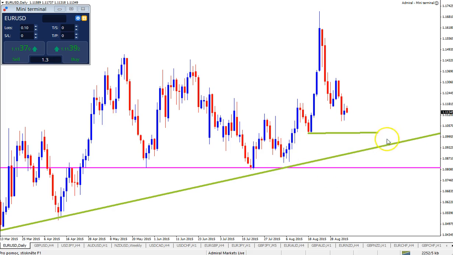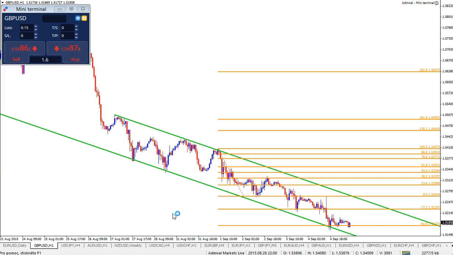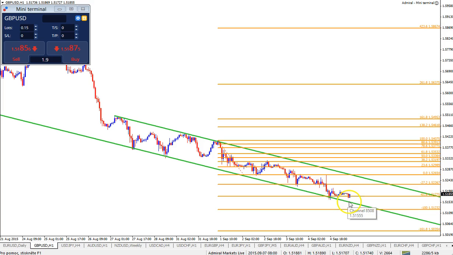On USD, now looking at an hourly chart, beautiful downtrend channel, very well balanced, and the price is still relatively close to the bottom of that channel. So personally, I would like to see price make a bit of a retracement here, preferably to the top of that channel, and that could be a very sweet spot for that downtrend to the next target at 151.25, and perhaps even lower eventually down to 150, the minus 161.8.